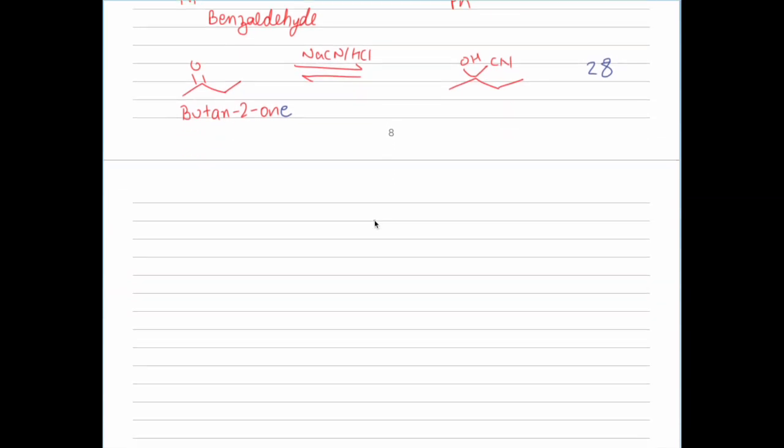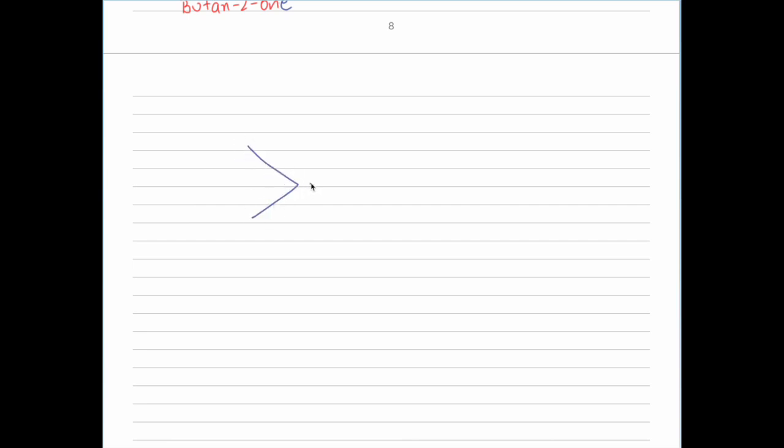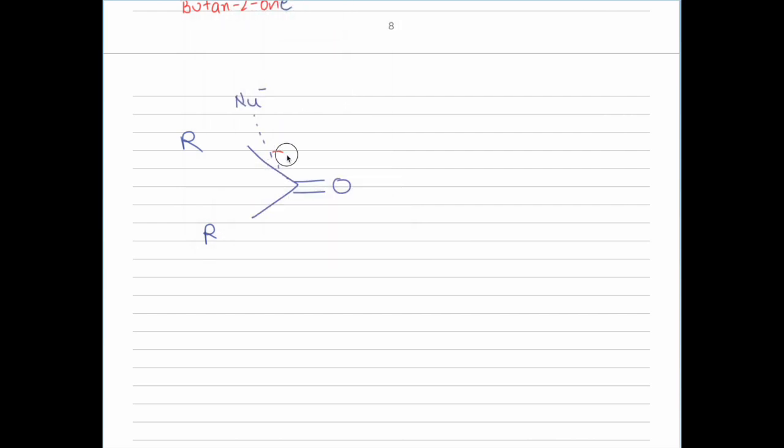An important note is the angle at which the cyanide or any nucleophile attacks the carbonyl group. Experimentally, this angle comes to around 107 degrees. Because if we imagine that this is the pi star of the carbonyl, then the nucleophile's HOMO will attack here.